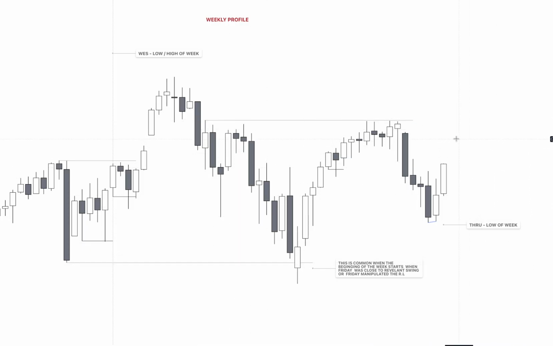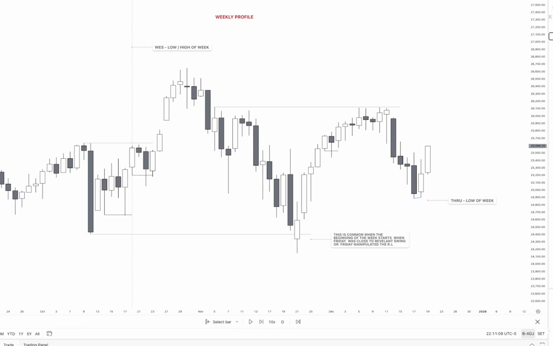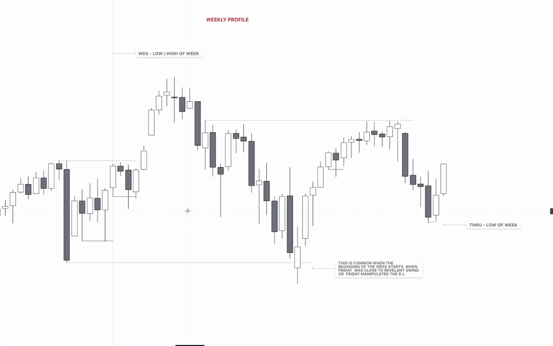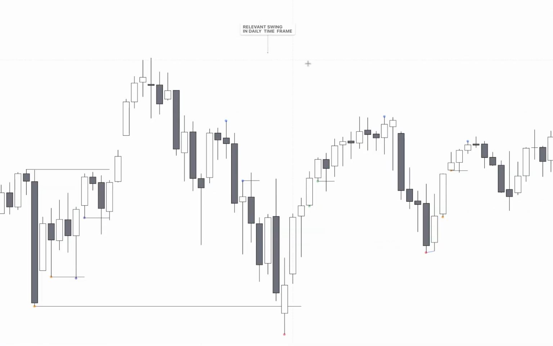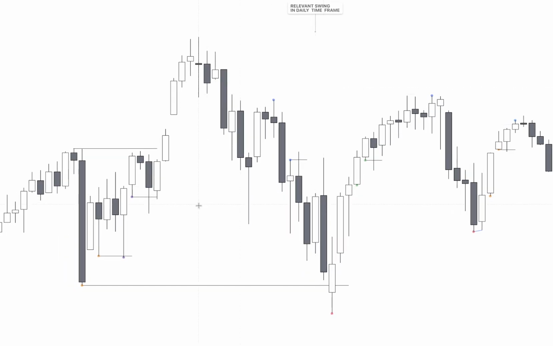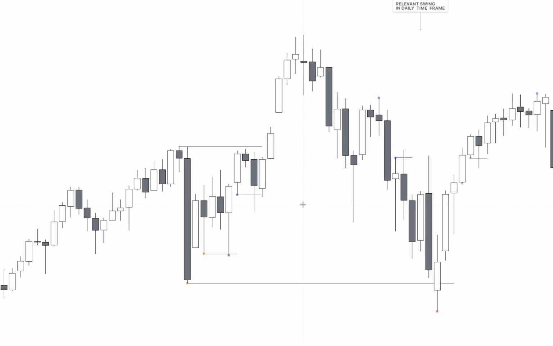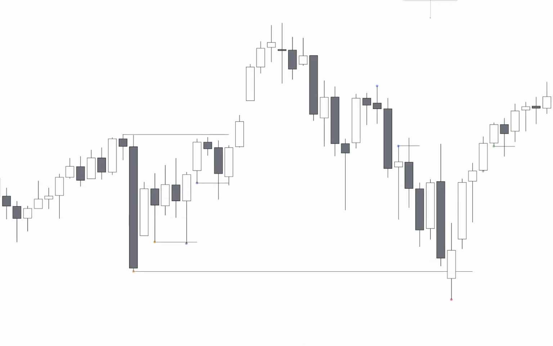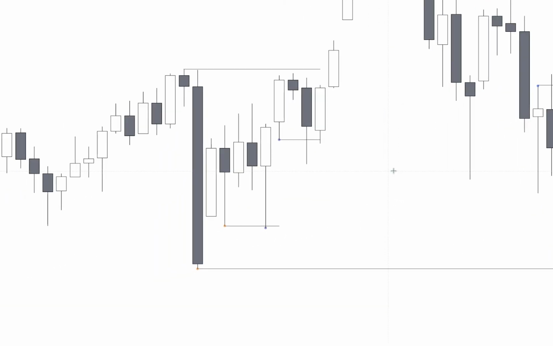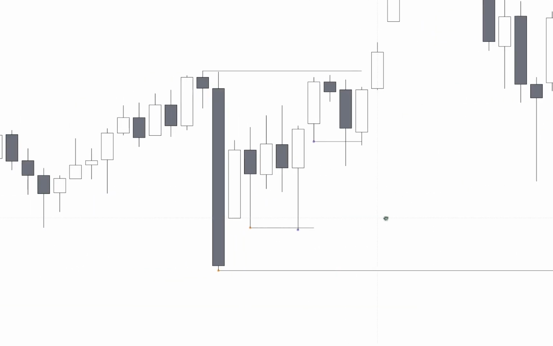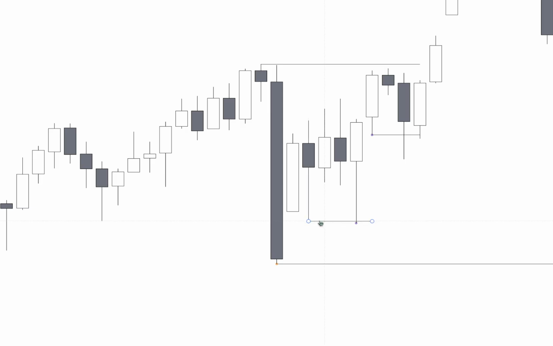So that's one way. The other way is using relevant swings. This is how we determine what a relevant swing is. A relevant swing is when you have a lot of space between the low of a swing point to the other swing point.